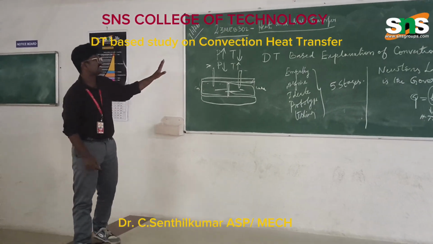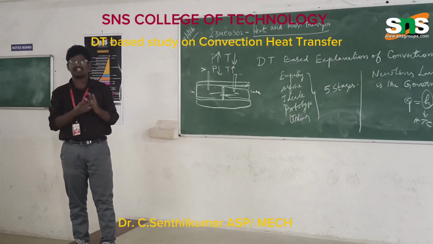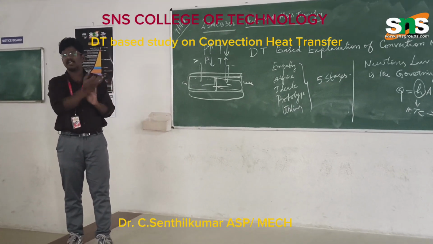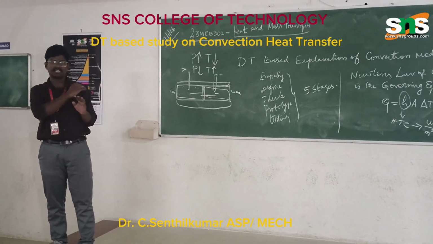So this is the design-based explanation of convection. Convection is an ideology as well as a mode of heat transfer through a certain liquid outside or a thin film layer, through which heat is transferred.